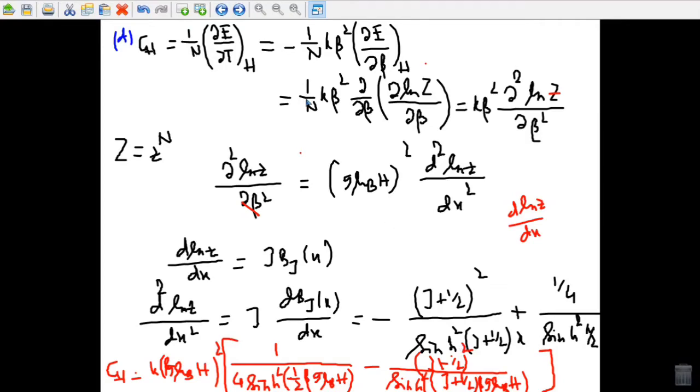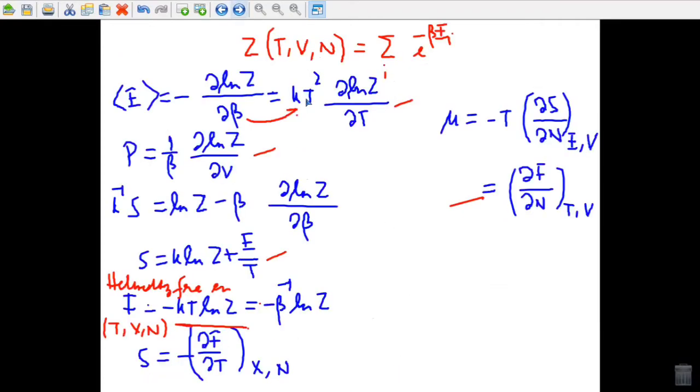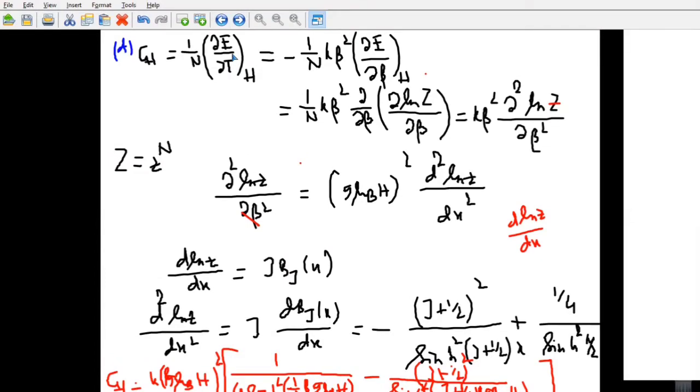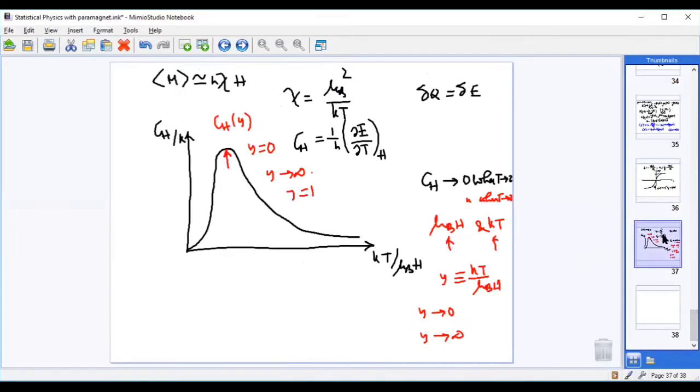So the functional behavior again looks like, wait a moment, this is the curve for the specific heat with kT divided by mu_B H, and this behavior we have already discussed in the previous class.